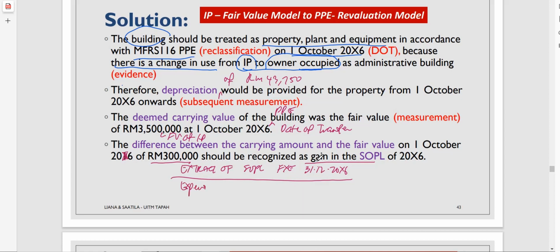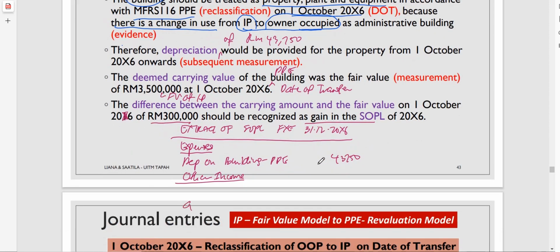That expense is due to the depreciation on the building that you just calculated for the PPE, and that would be 43,750. And under the income section or other income, you would also have your gain, which is the gain on the fair value, that is the 300,000. That was what is to be shown in the statement of profit or loss.